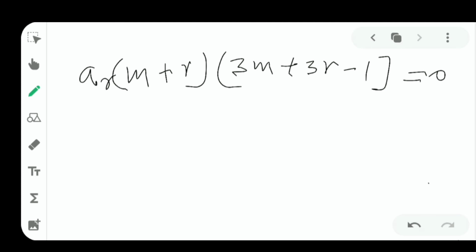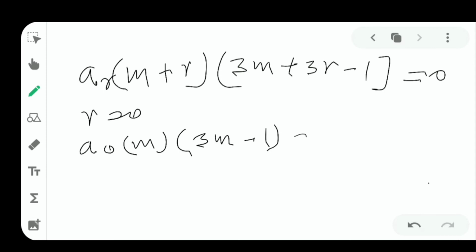And if you put r equals to 0, then it will be a0, m plus r will be m, 3m minus 1 will be equals to 0.